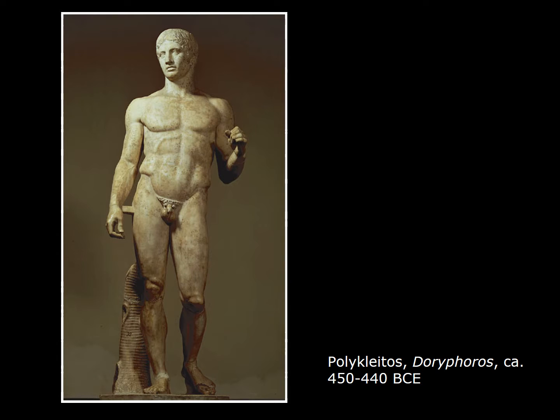His aim was to impose order on human movement, to make it beautiful, to perfect human movement. The firm musculature of the statue is enlivened by the contrapposto stance. The subject of this sculpture, which probably depicts an ideal Olympic athlete, is less important than the fact that it demonstrates this system of perfect proportions.